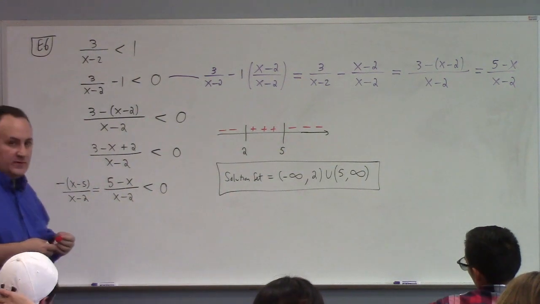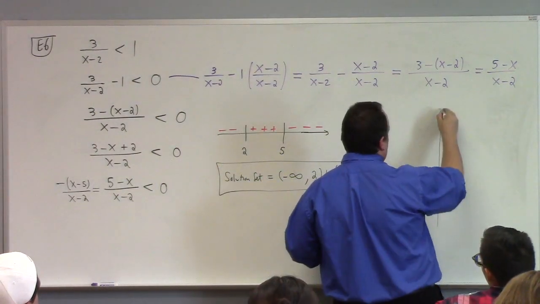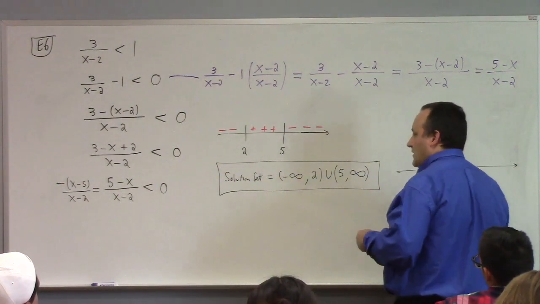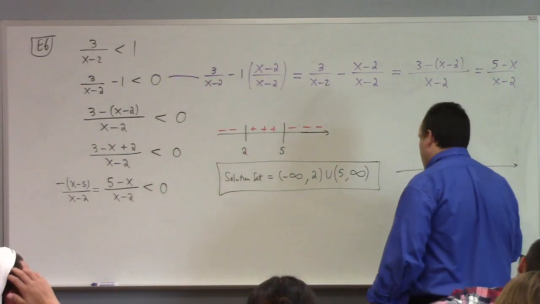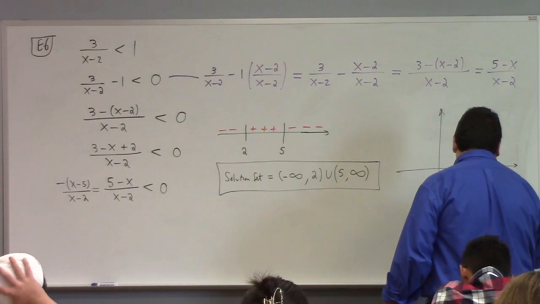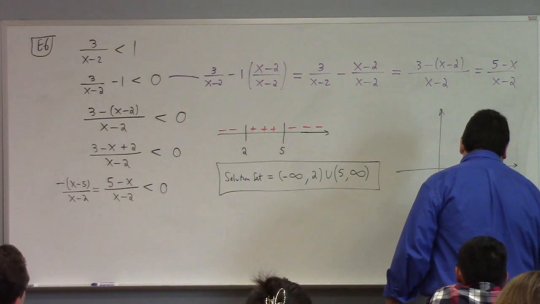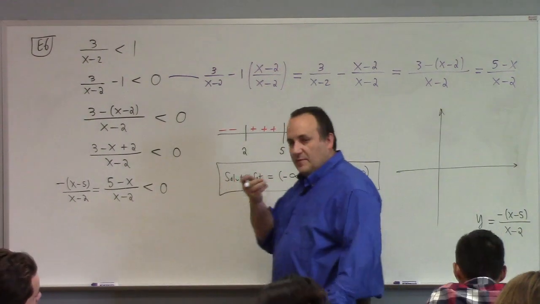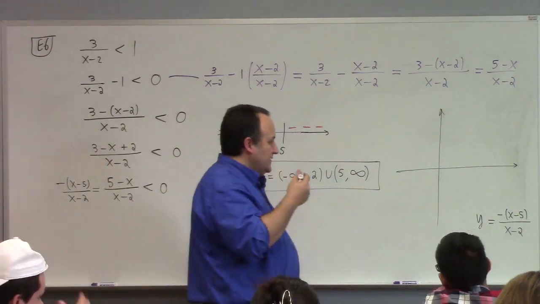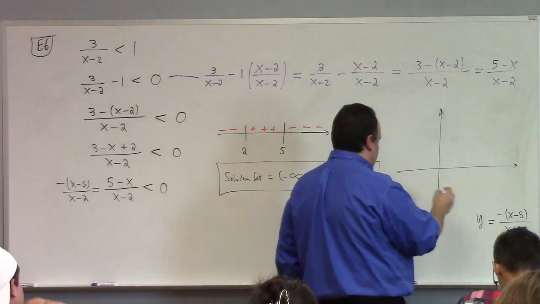Ah, that's a wonderful question. So the graph of this, which we'll be talking about, would be something like y equals minus x minus 5 over x minus 2. If I look at this formula, I can see that for really large values in the positive or negative direction, it goes to like negative 1.